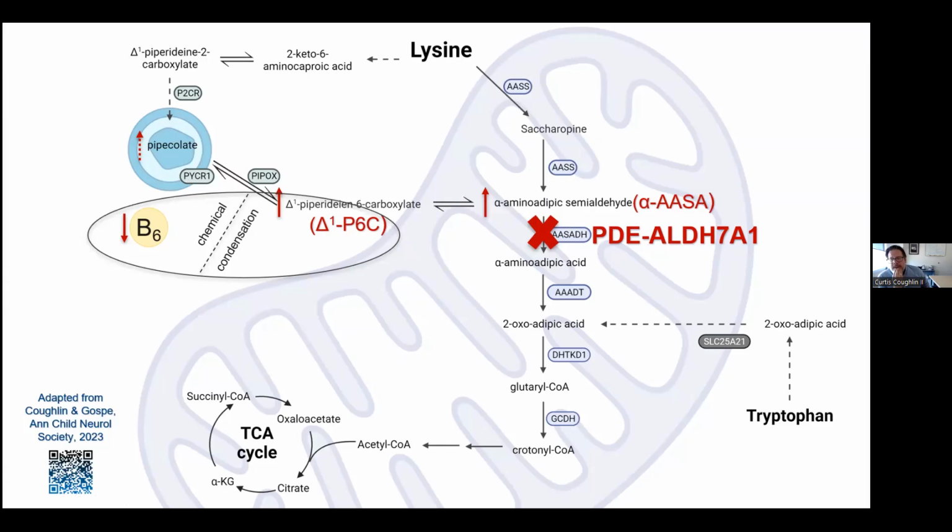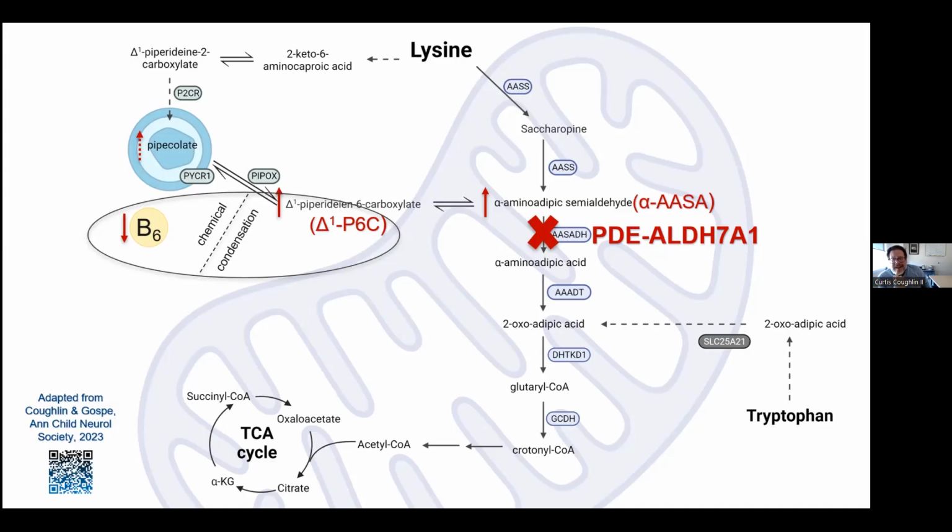This was actually the first biomarker for PDE, identified by Barbara Plecko, and in some beautiful work she showed that this seizure disorder was actually a metabolic disorder by identifying pipecolic acid elevations in some kids' blood, urine, and CSF. Unfortunately, pipecolic acid is not always elevated in kids with PDE and can quickly normalize, especially if you're treating these patients. And so it's not the best or recommended biomarker when you're thinking about making the diagnosis.